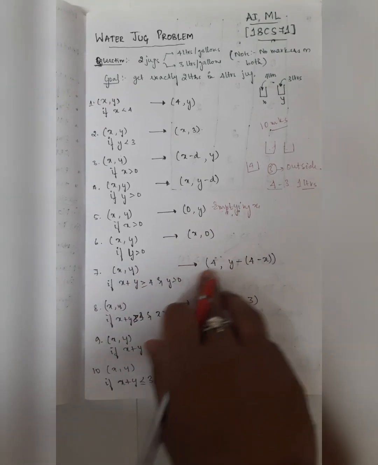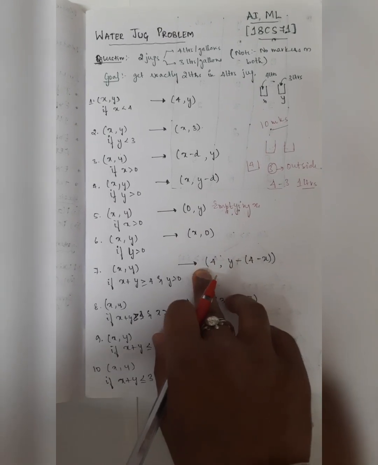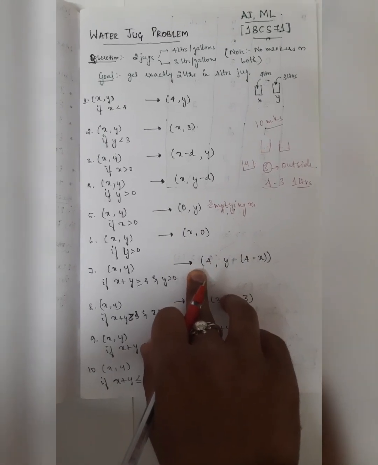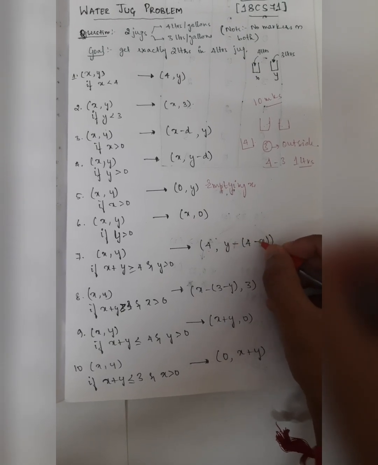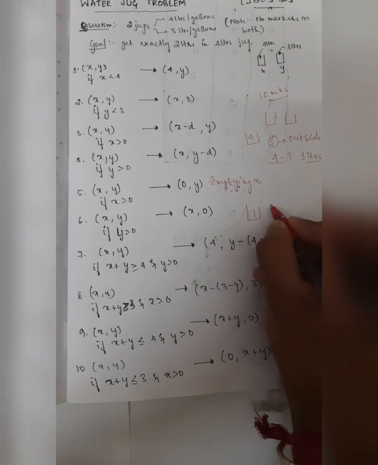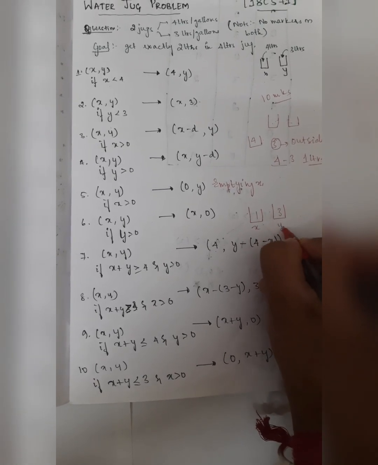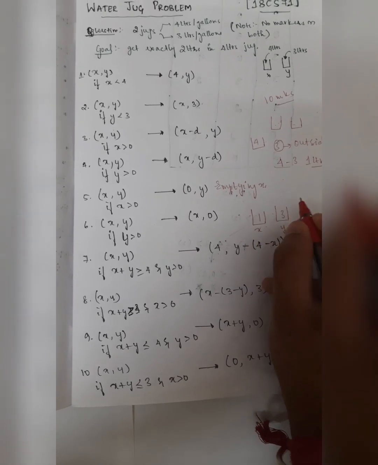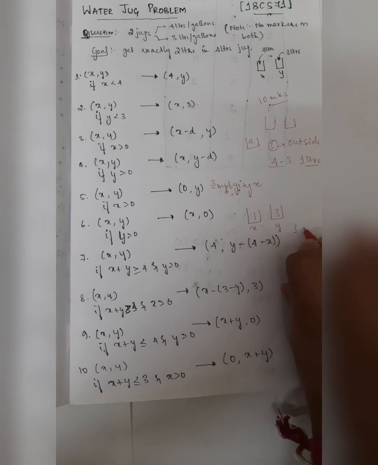Now we are taking out some water from Y and pouring it into X. For example, say in X you are having 1 liter and in Y we are having 3 liters. This is X and this is Y. So I have to pour here some water from Y. Y is 3, correct?